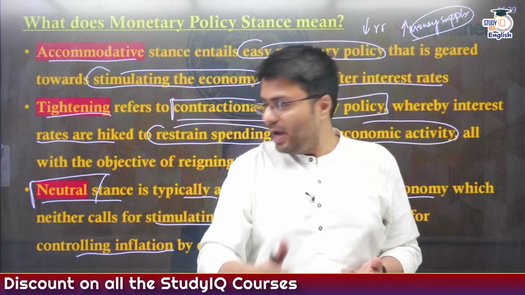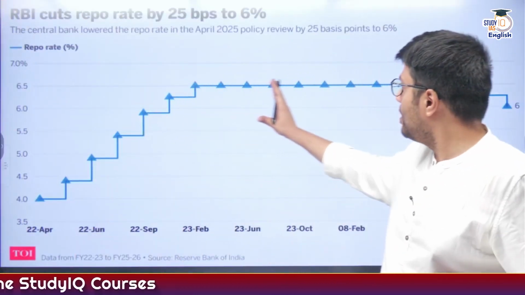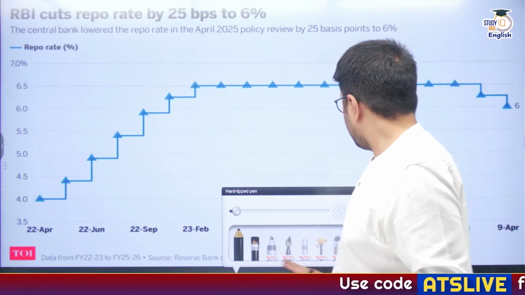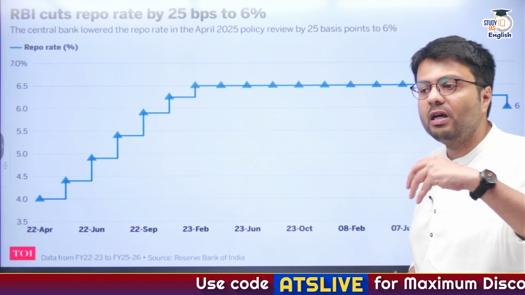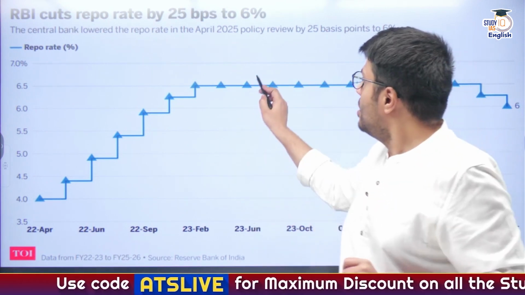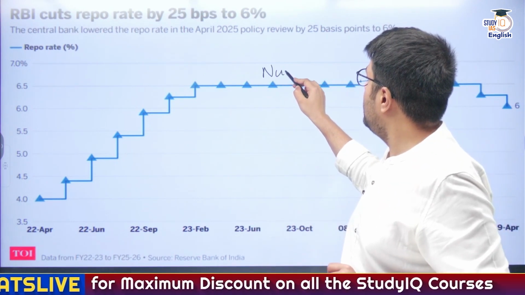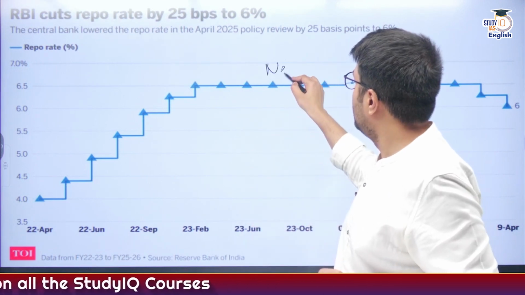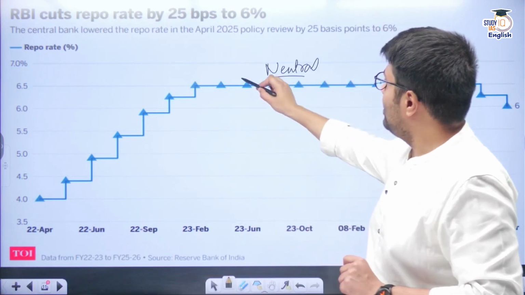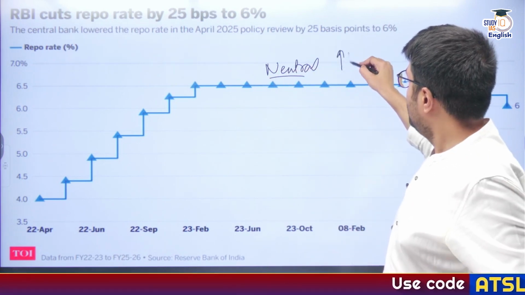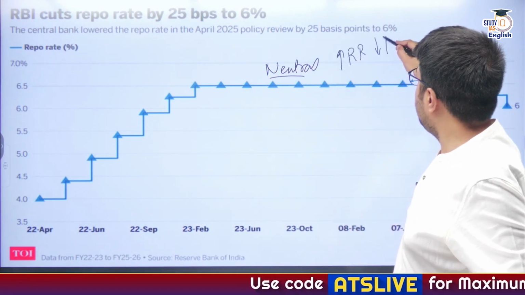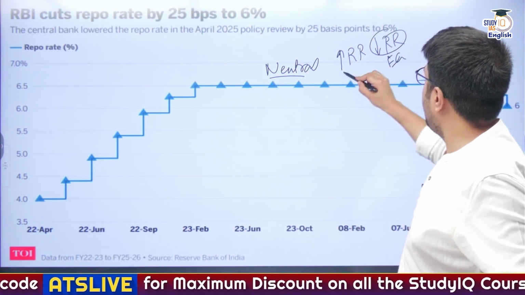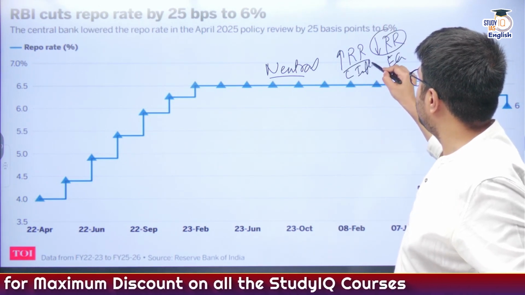Now earlier, during this time when RBI was watching the inflation levels in our country, RBI was not sure whether it was successfully able to control the inflation. So here RBI had adopted the neutral stance, which means RBI could technically have raised the repo rate or could have reduced the repo rate, allowing it to promote economic growth or to control inflation.